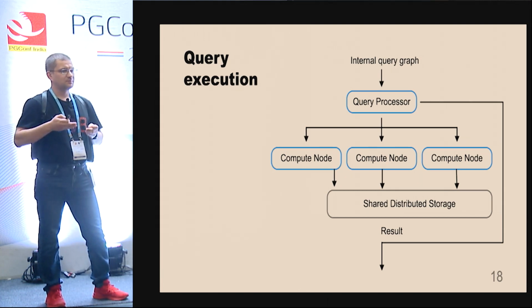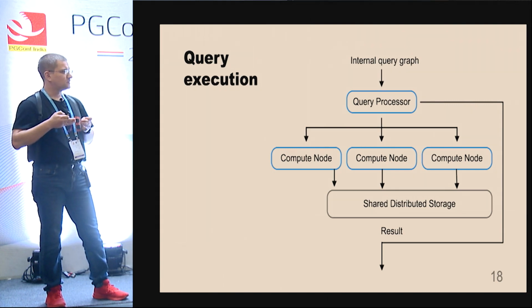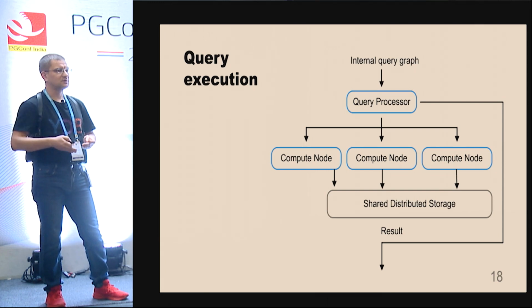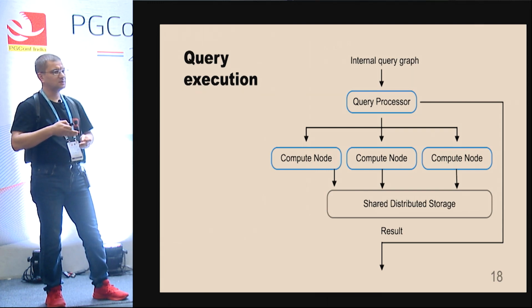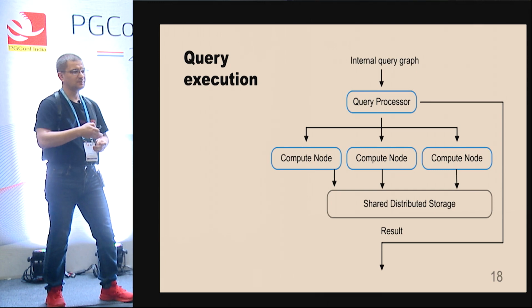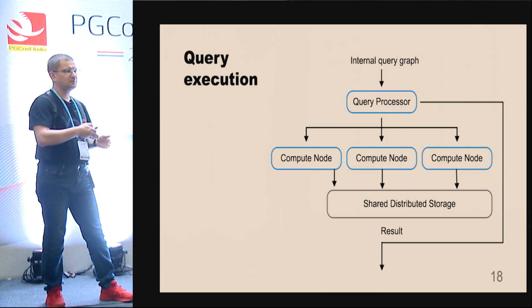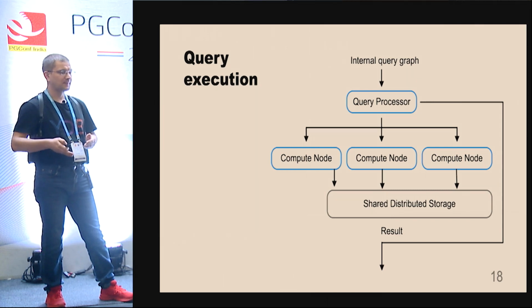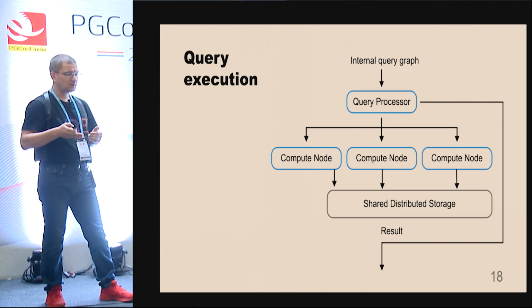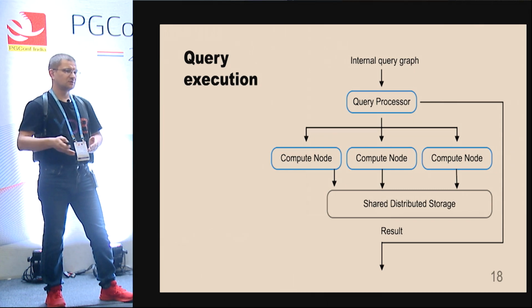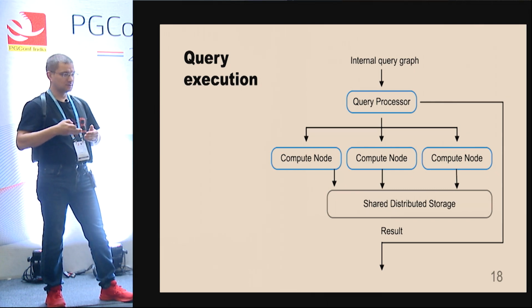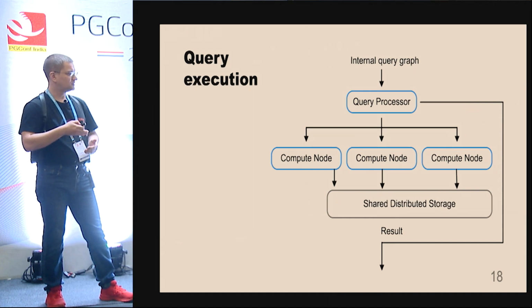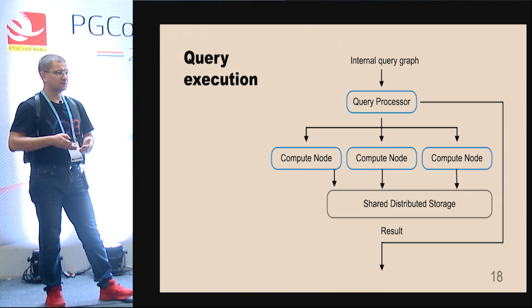Then the query processor may split a query into a lot of parts and send every part to compute nodes. Many parts of the query can be executed at the same time in parallel. Then compute nodes return results. The query processor combines the results and returns them to the client library.